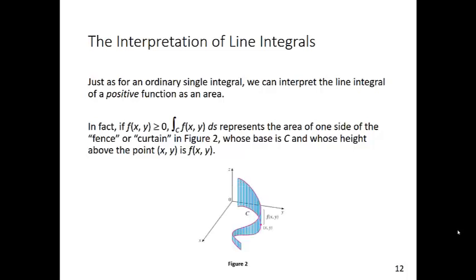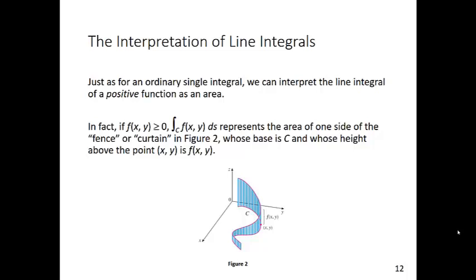So in fact, if our function f is positive, then the integral over C represents the area of one side of the fence or the curtain that you see in the figure here, whose base is the curve C and whose height above the point (x, y) is f of (x, y). So when we're doing a line integral of a positive function, the number we're getting is the area of the fence whose base is the curve and whose height is the function.